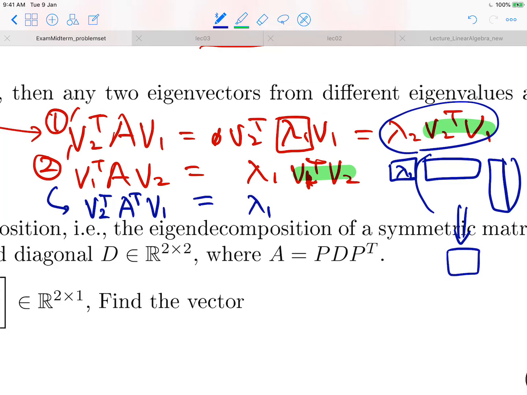And the transpose of a scalar is the same, so it can be represented as this guy, remaining the same even if we apply the transpose. So far so good, right?